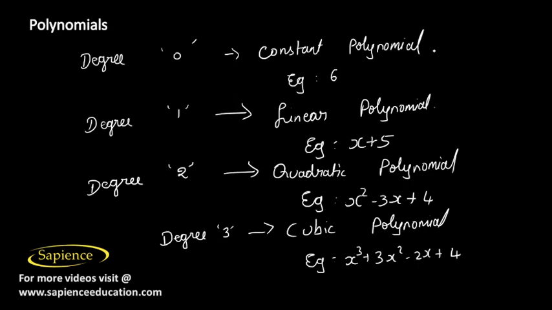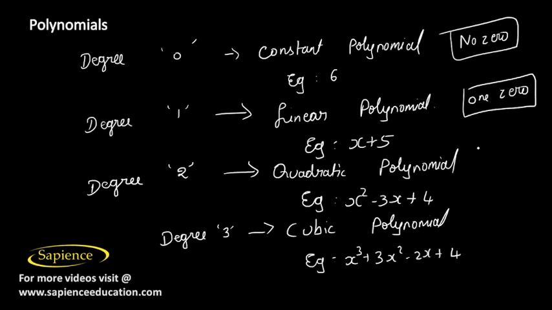So the number of zeros for all these: this has no zero since the degree is 0, and here since the degree is 1 it has 1 zero. Here the degree is 2, so it has at most 2 zeros.